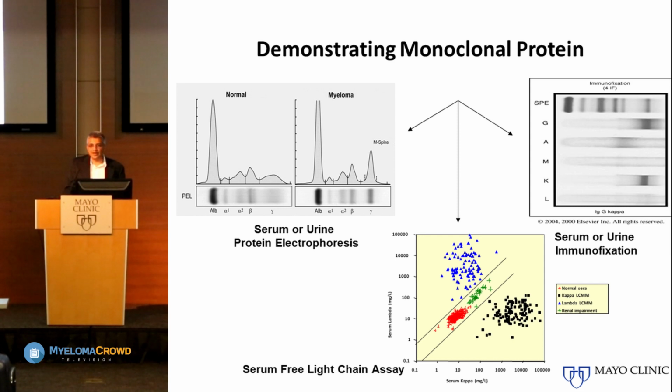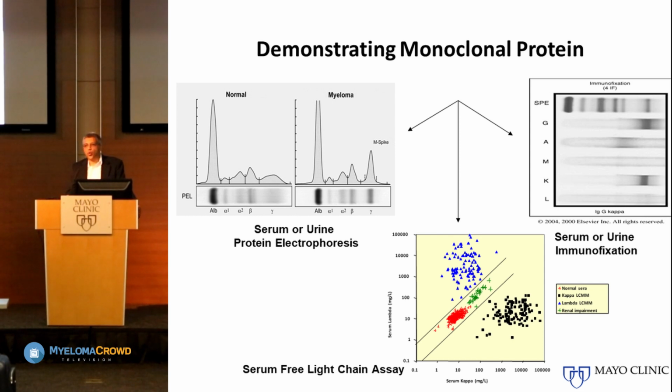All these proteins separate, and this particular M spike or the monoclonal protein you typically tend to see in this particular lane, and the height of that, or the concentration or the density of that band, tells you how much of the M spike or M protein is there in the blood. Now you can do the same thing in the urine and in the blood, and that's how the urine or the serum protein electrophoresis tells you how much of the M spike that a particular patient has.